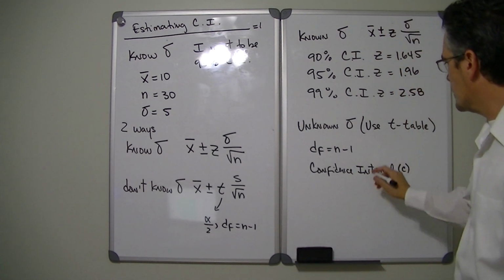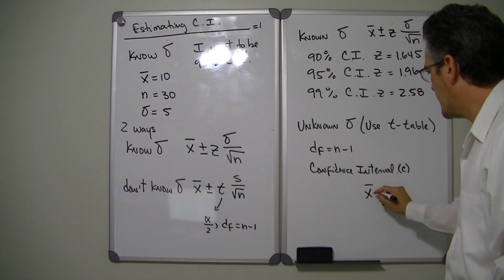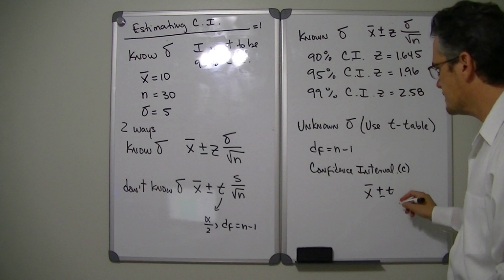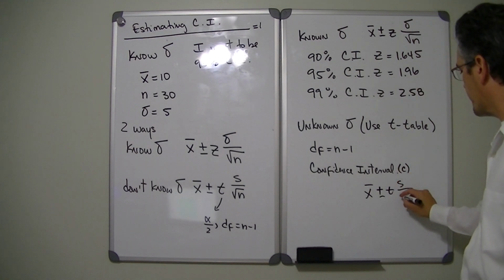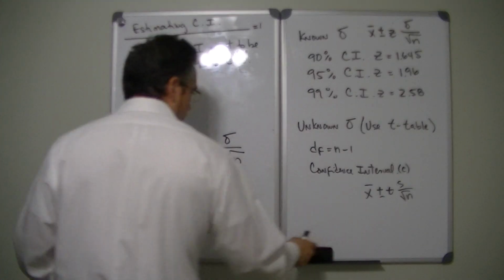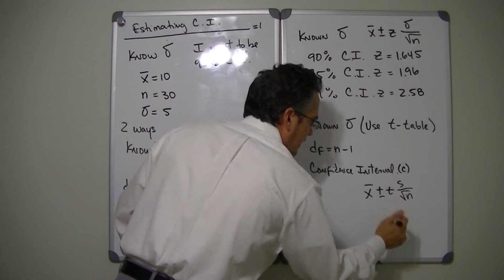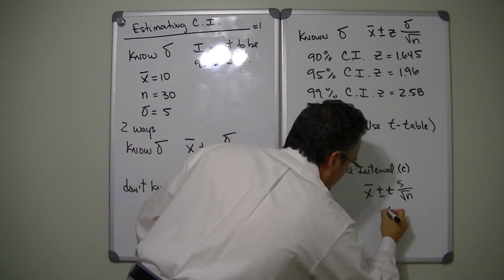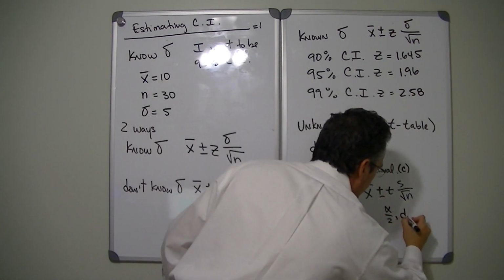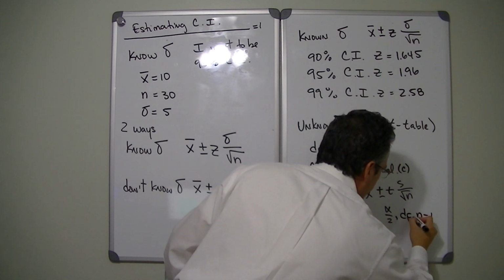And here we're going to use x bar plus or minus t s over square root of n. Again, to find this t value, we're going to use alpha over 2 and degrees of freedom n minus 1.